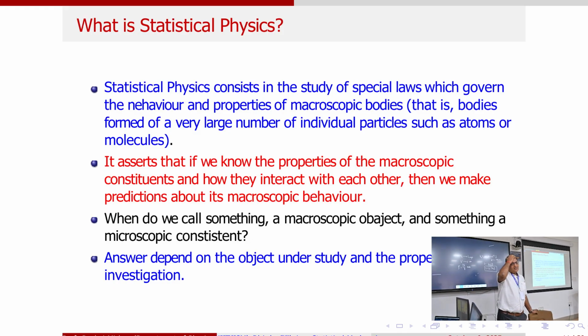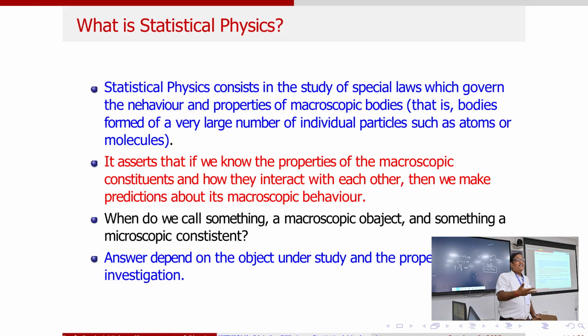Because even if you can write the Newtonian equation of motion or the Schrödinger equation, you don't know the initial conditions. You will not be able to solve it accurately. So this lack of knowledge reflects into the probabilistic nature of the property. So we always calculate averages and the most probable, the probability of finding a system in a particular state. All these terms we use because we don't know about the system.